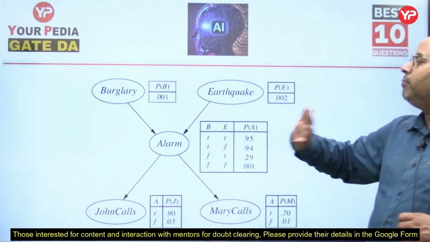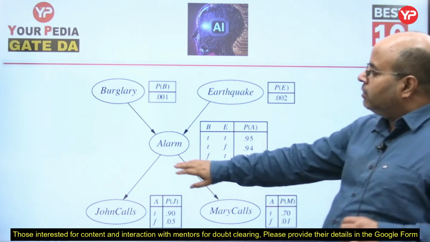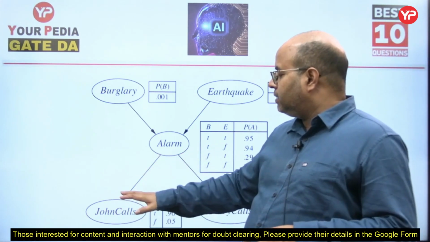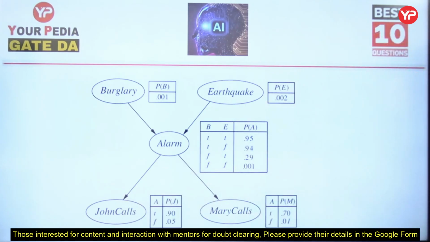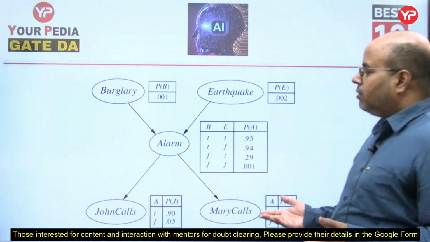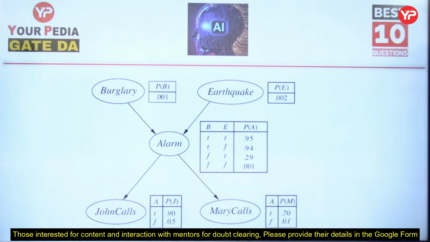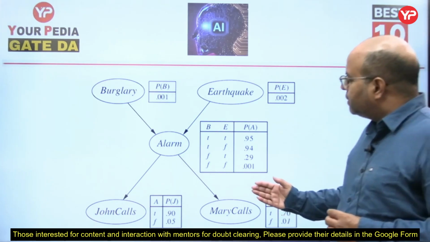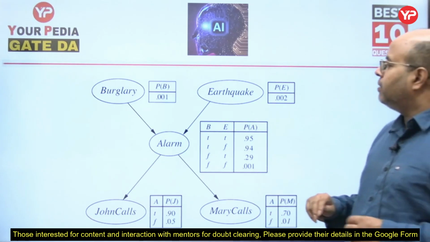If the alarm happens, then John, his neighbor, will listen and call the person to say there is an alarm at your home, meaning a burglary has happened, or an earthquake, which is very less probable. And then Mary, another friend of his, also calls if the alarm has happened. He has told two people that if you hear the alarm, you tell me.